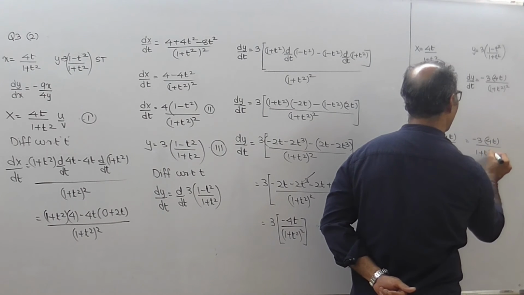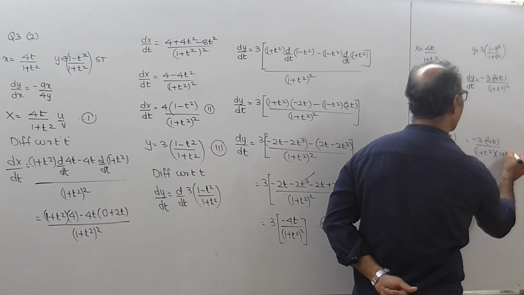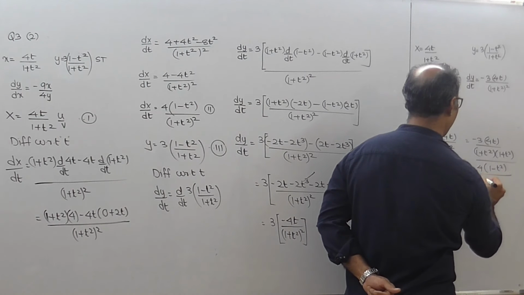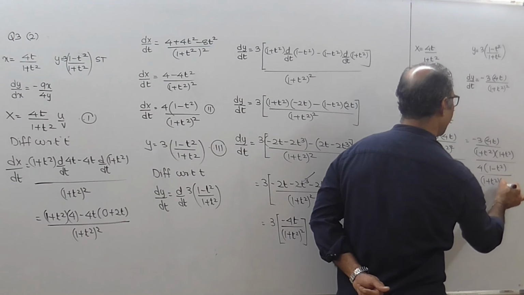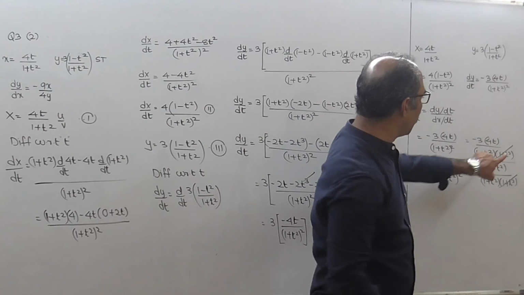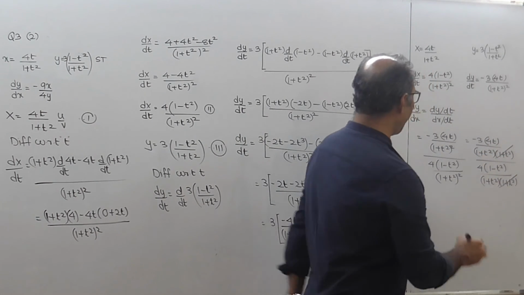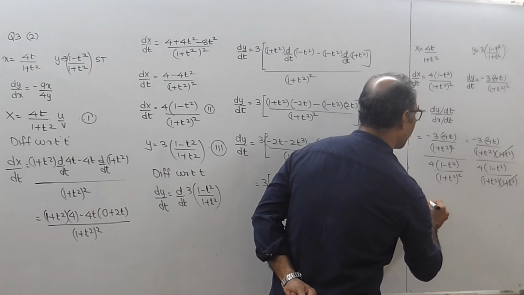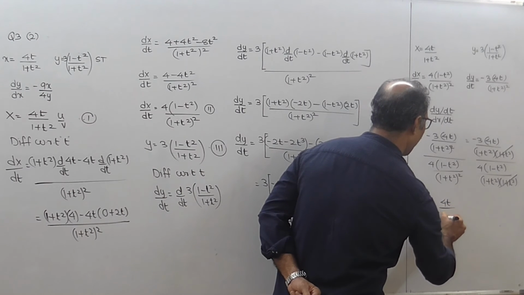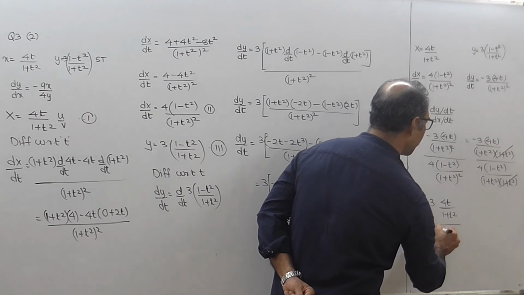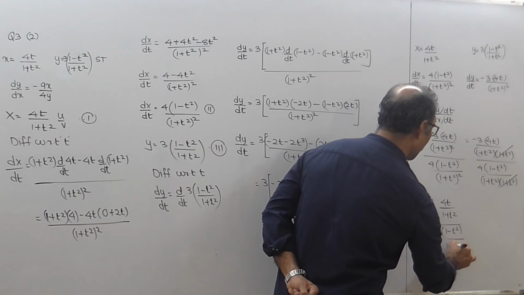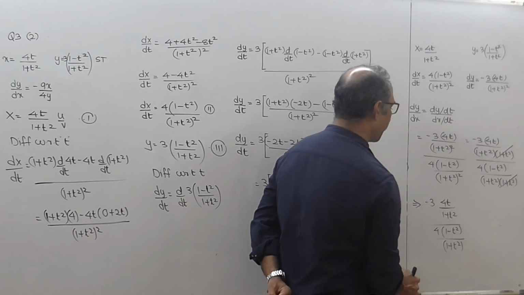This you write as 1 plus t square into 1 plus t square, and this also as 1 plus t square into 1 plus t square. Just cancel a single 1 plus t square from the numerator and the denominator. So we get minus 3 multiplied by 4t upon 1 plus t square, and this is 4 inside the bracket, 1 minus t square upon 1 plus t square.